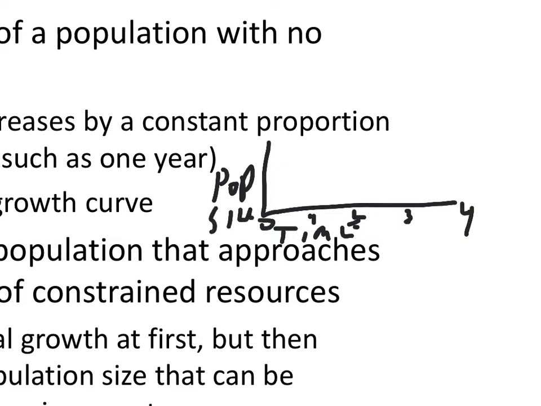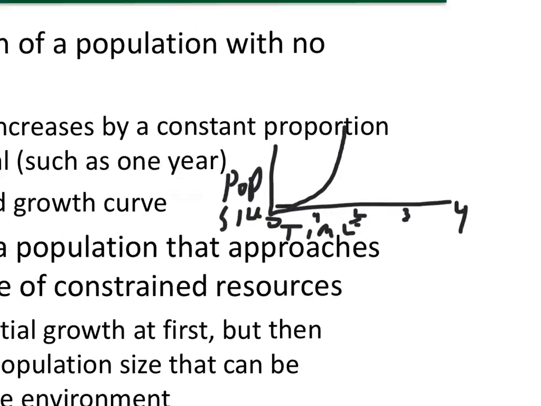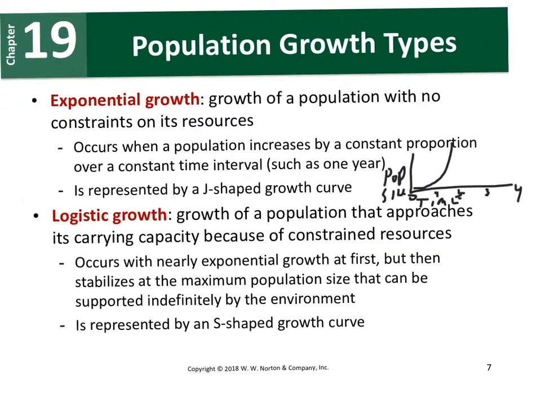We start at a low population and then it grows exponentially. That is a J-shaped curve.